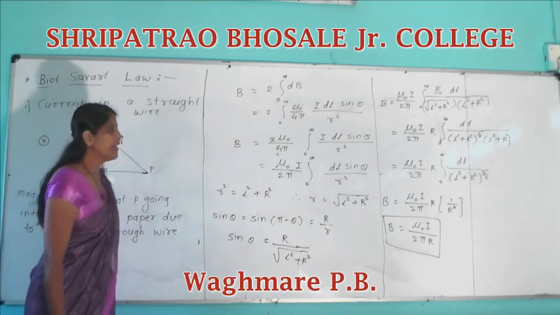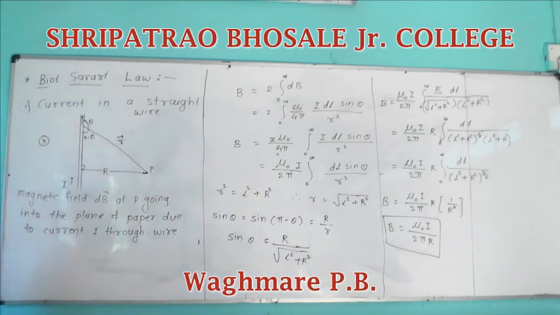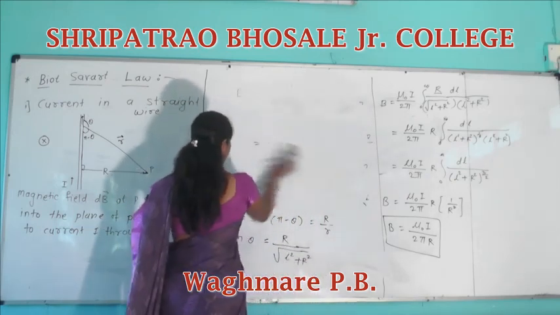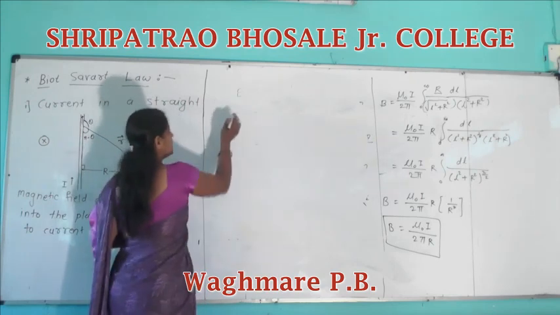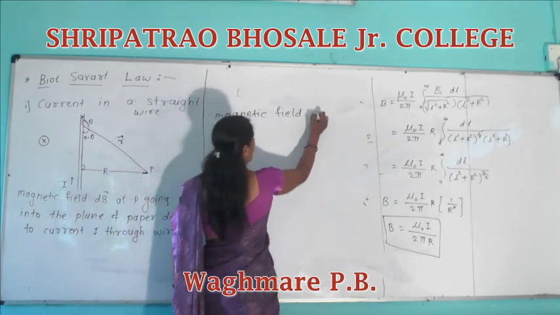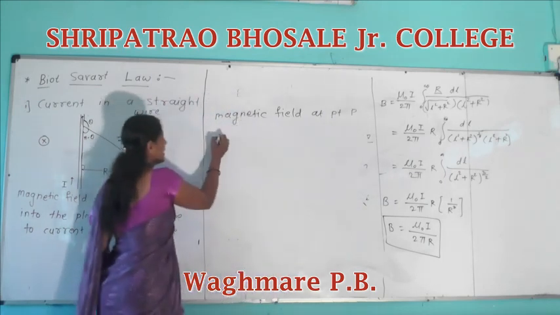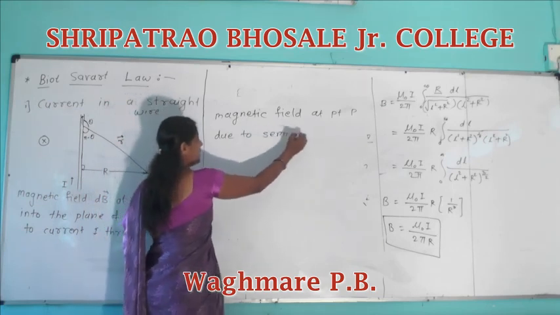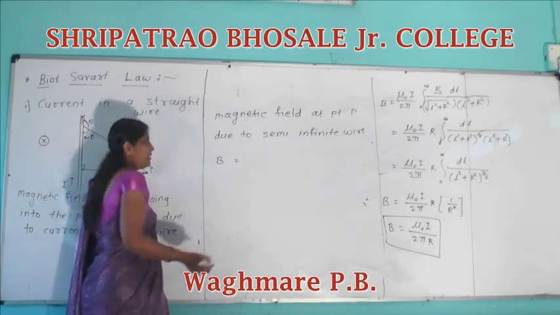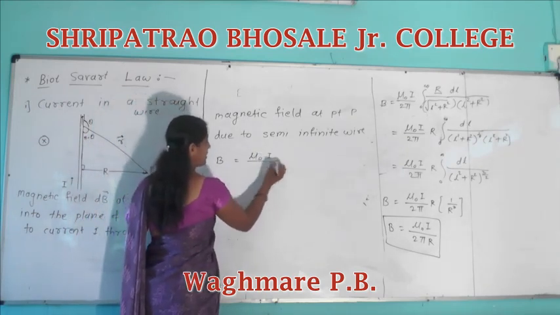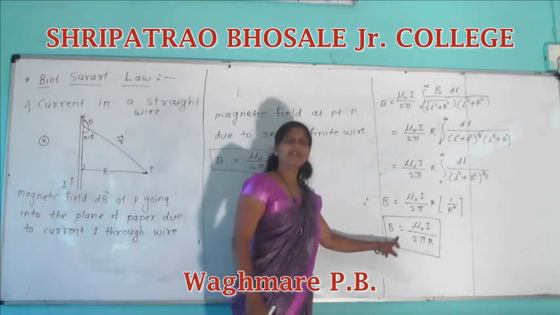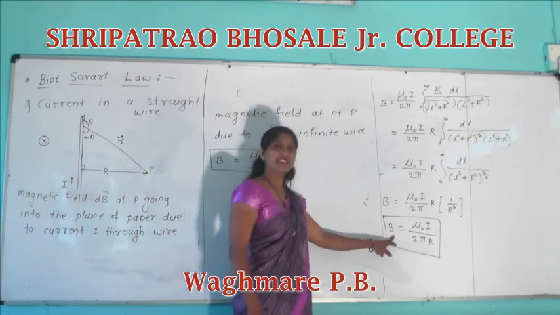Now, if we want to find the magnetic field at point P due to a semi-infinite straight wire, then we can write mu naught I upon 4 pi R. The earlier equation is the magnetic field for the whole infinite long wire.